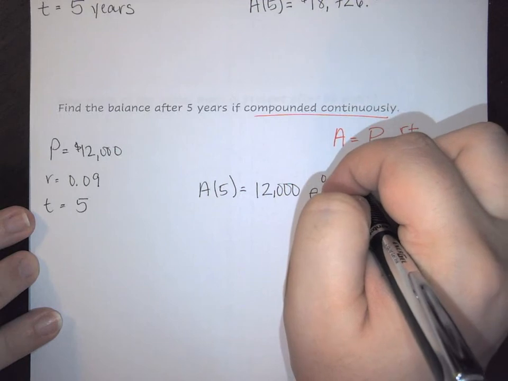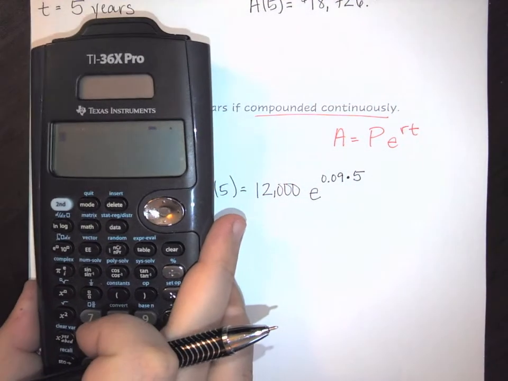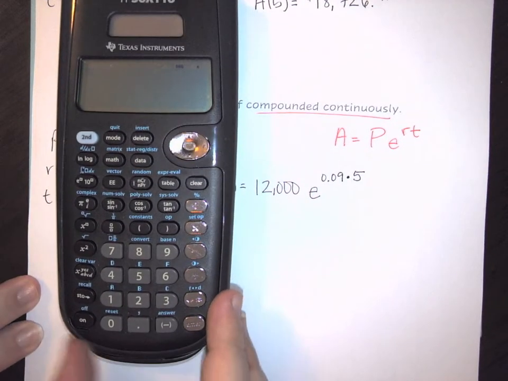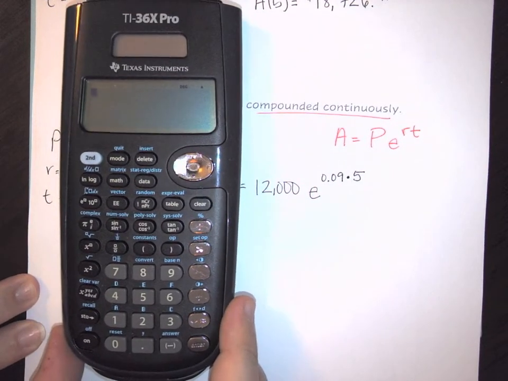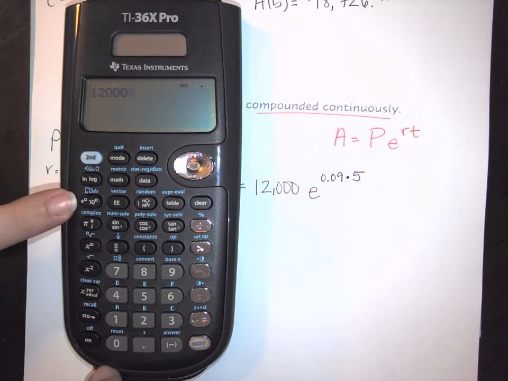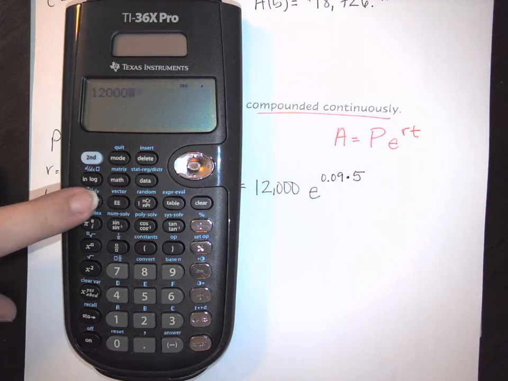So for that one, when we're plugging them into our calculator, and again, remember, mine might be slightly different than your calculator. Here we're going to do 12,000, but then we need to use e. So if you notice, I have this button right here that has e to the box. So yours may say e to the x or e to the y, and so we're going to use that button.